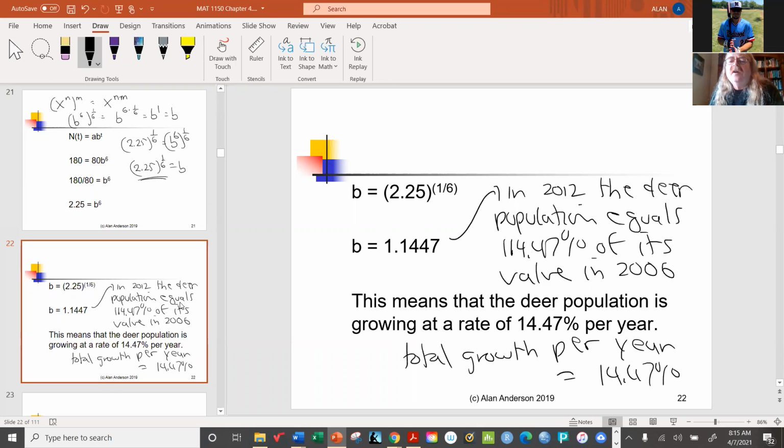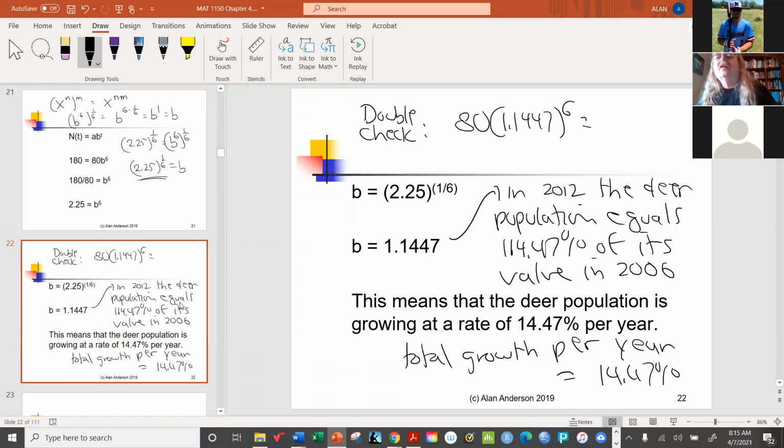Okay, now you can confirm this by going back to the beginning of the problem and saying, well, listen, what if I take 80 and multiply it by 1.1447 to the 6th power? Does it give me back 180? And except for potential rounding problems, that should be the case.